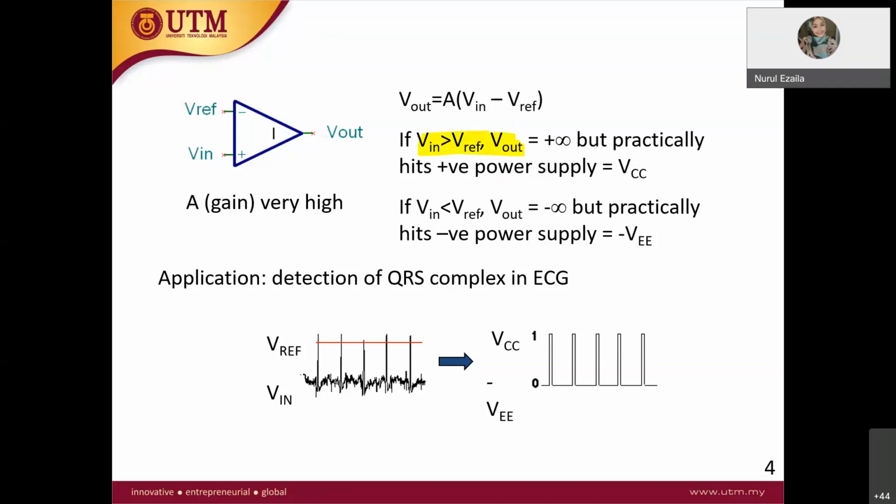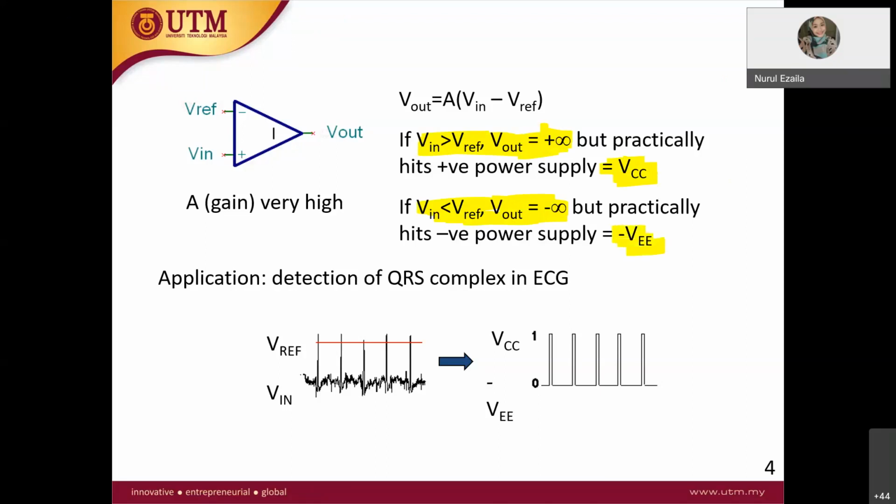If V in is greater than V reference, V out will be equal to positive VCC. If V in is less than V reference, V out will be negative infinity, which is practically equal to negative VEE.